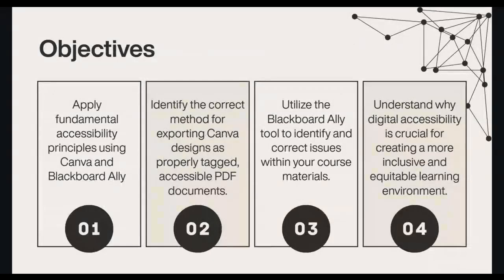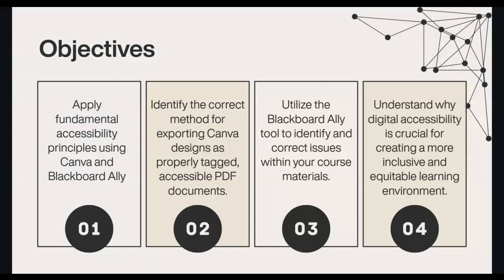So today, these are our main objectives that we're trying to tackle. First, we're going to explore these accessibility principles and apply them specifically using Blackboard Ally and Canva. Canva also has a free PDF edit tool, which I will get into in a little bit.